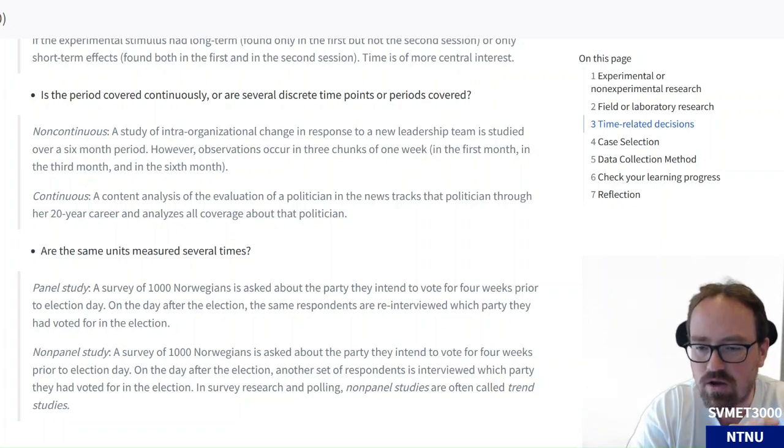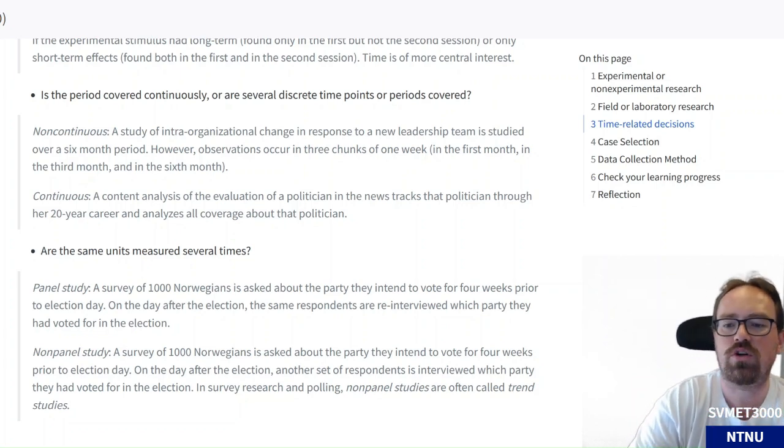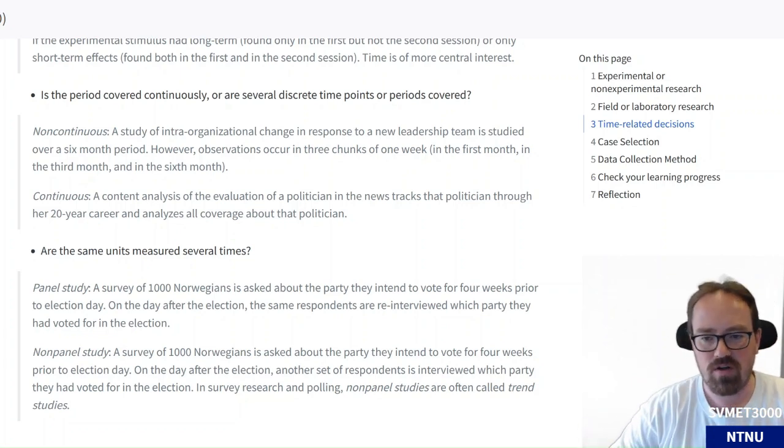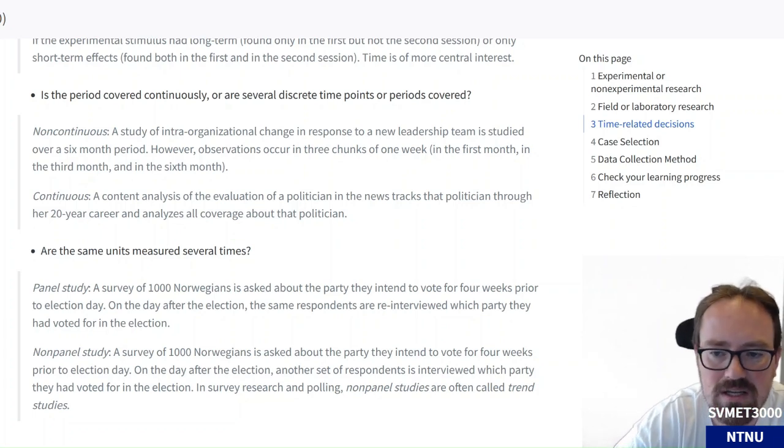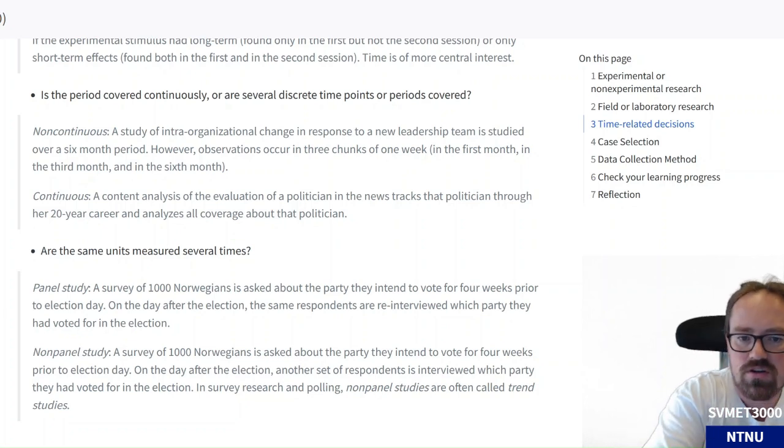For example, because the leadership presents certain plans or changes in the 2nd month and in the 5th month, so you want to see the effects of these organizational changes in measurements 2 and 3. But we don't collect data continuously throughout the period of time.